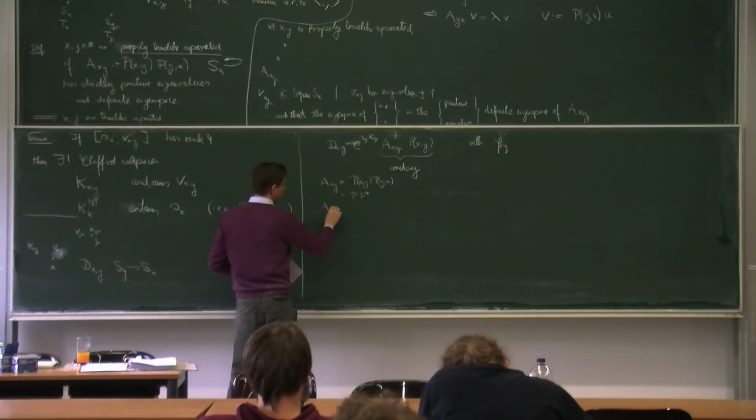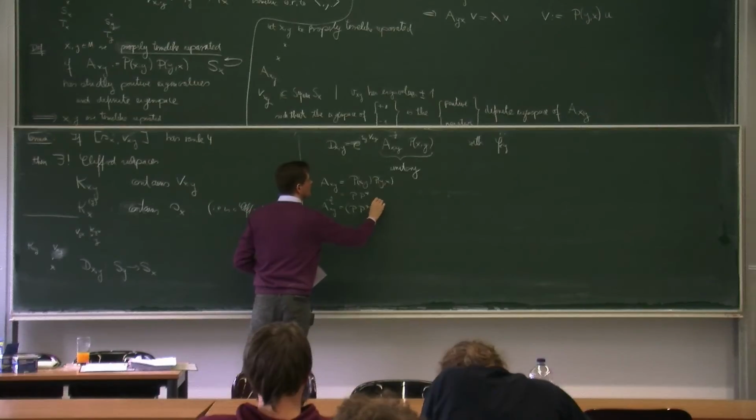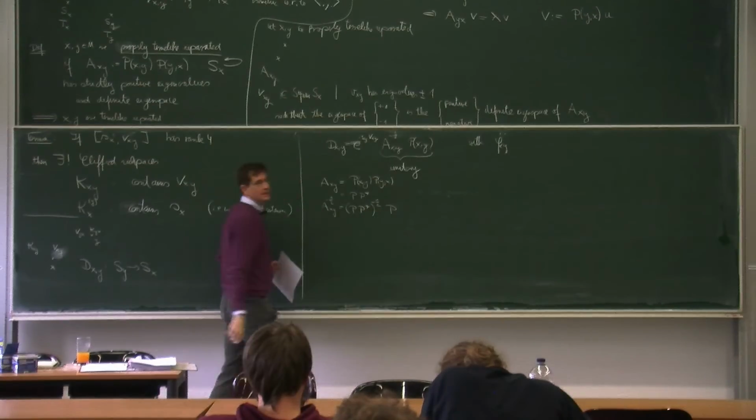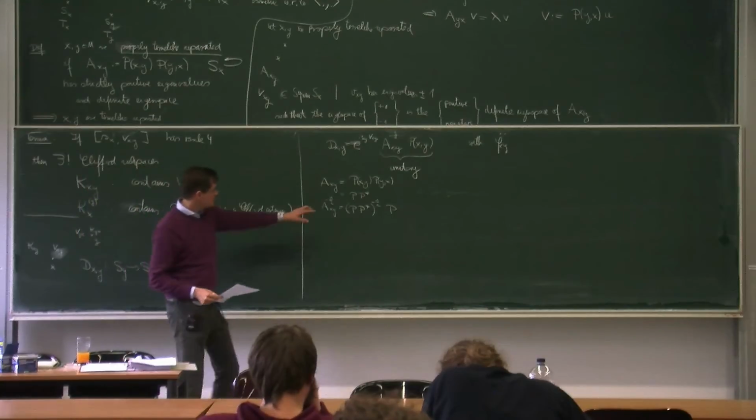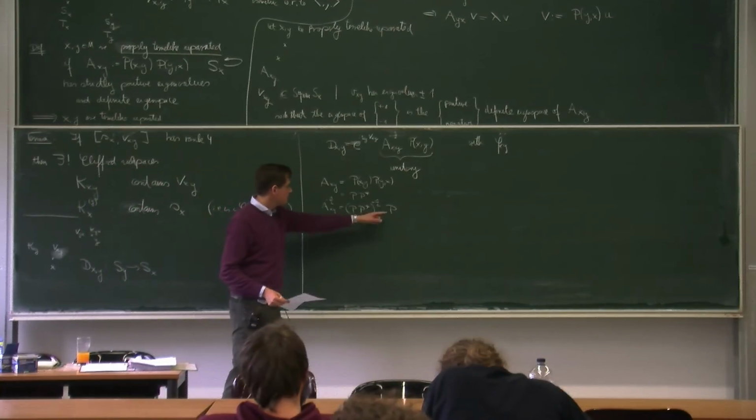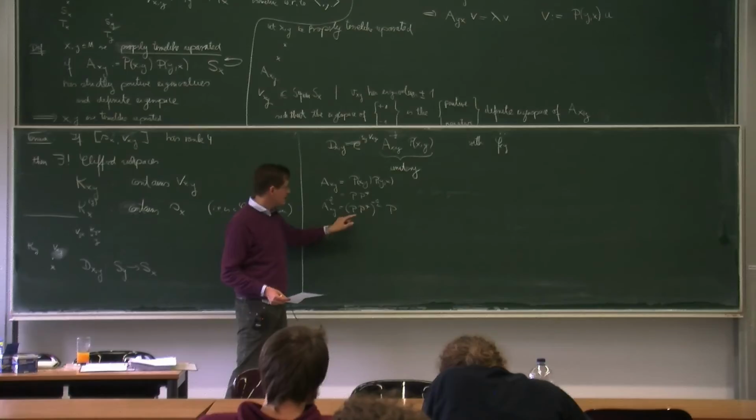And therefore we have something like p times p star to the power minus 1/2 times p. And this is in fact the unitary part. So you see, suppose p is a multiple of the identity matrix, then this power minus 1/2 just cancels the factor which comes up here.